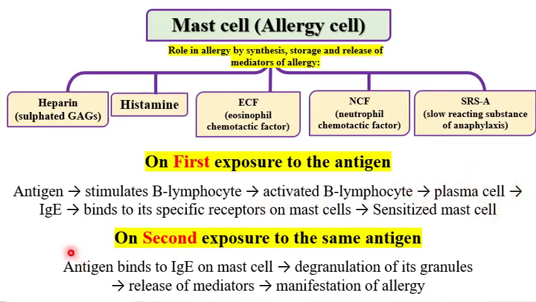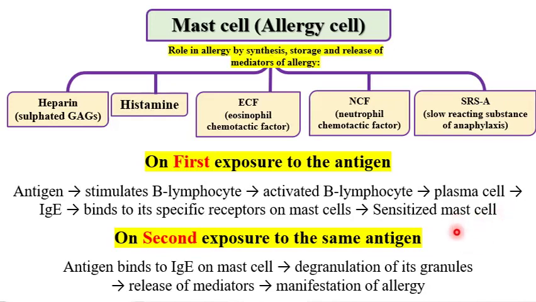Plasma cell forms the antibodies, mainly IgE. It is the antibody responsible for allergy that binds to its specific receptor in mast cell. So this antibody binds to mast cell on its specific receptor, which leads to formation of sensitized mast cell. Sensitized mast cell is the mast cell that's sensitive to this antigen.